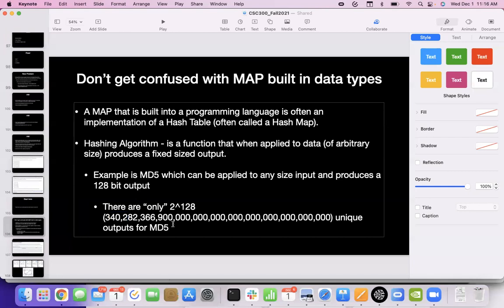All right, so the details of hashing algorithms aren't necessarily part of this class, but hashing is pretty important in computer science, and it's heavily used in cryptography and some network error checking, for instance, MD5.